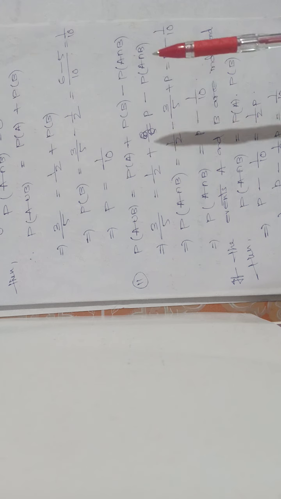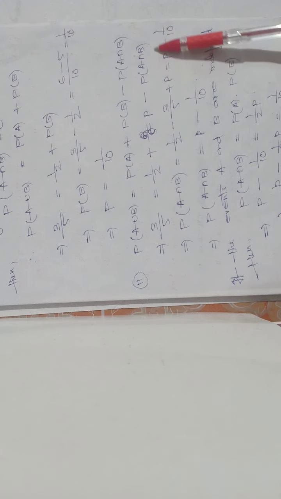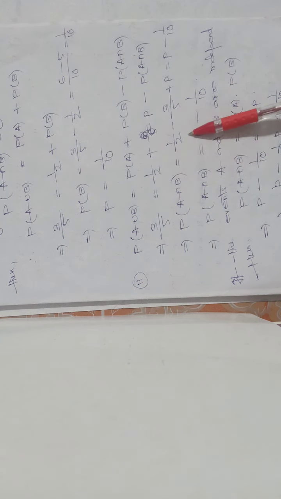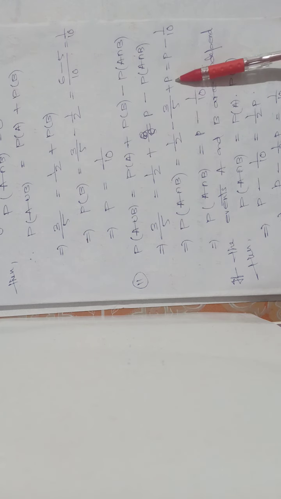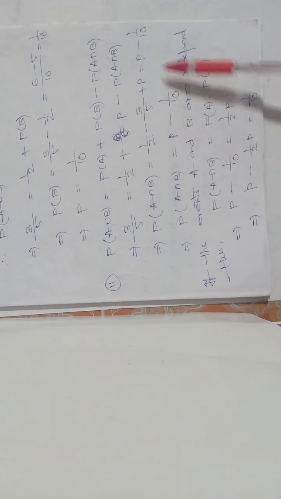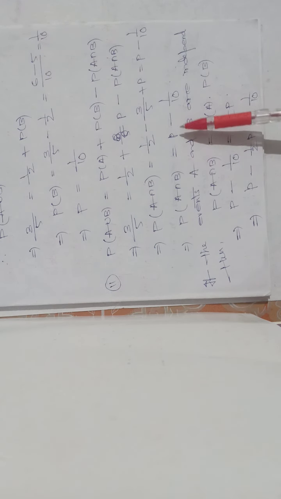From this we can find the value of P(A intersection B). Now P(A intersection B) will be 1 by 2 minus 3 by 5 plus p, so p minus 1 by 10. So the value of P(A intersection B) is p minus 1 by 10.